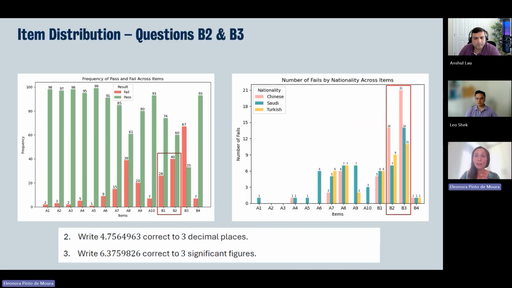We also noticed that although our Chinese students generally performed quite well, quite a high number of them got items B2 and B3 wrong. We assume that this might be associated with the fact that they were less familiar with concepts such as decimal places and significant figures, which was quite interesting to see.